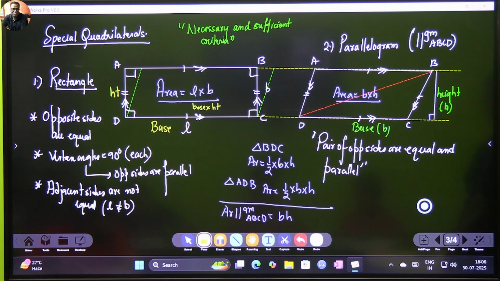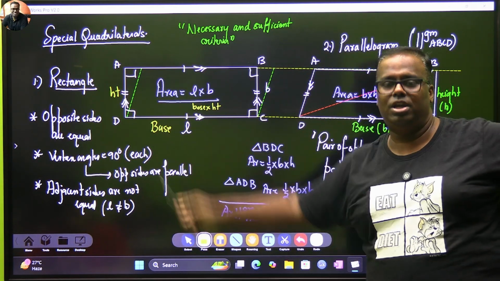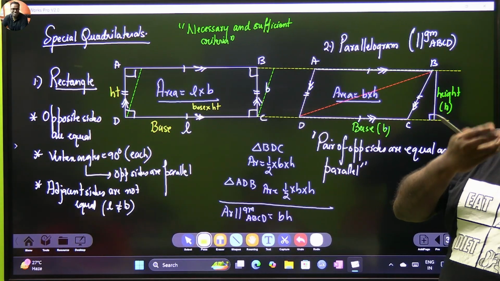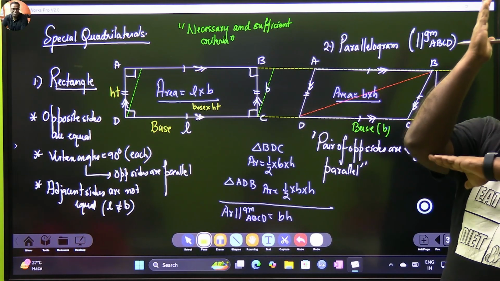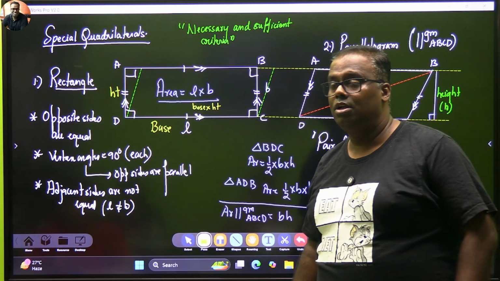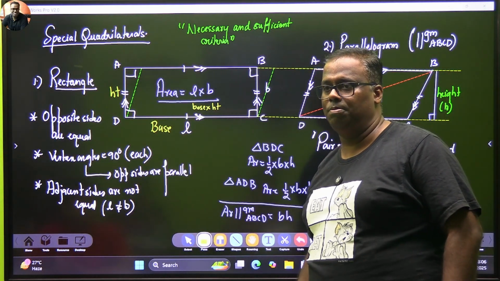Length and height are perpendicular to each other. If you consider this as length, then this will be your height. Length or the base. Length and height will always be perpendicular to each other. No, they cannot give the same formula for each of them.